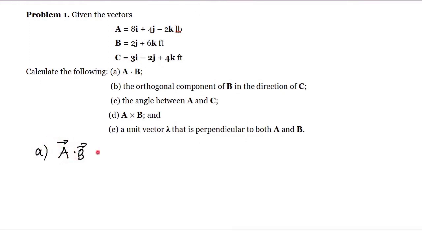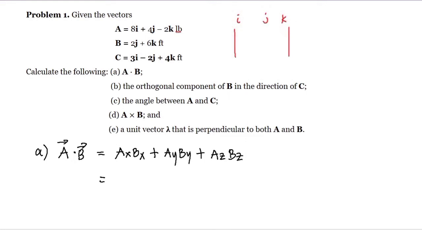For the formula, we have the dot product as AX BX plus AY BY plus AZ BZ. Okay, tingnan natin. So, i, j, k.